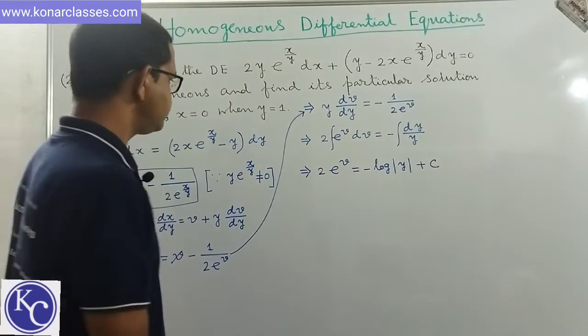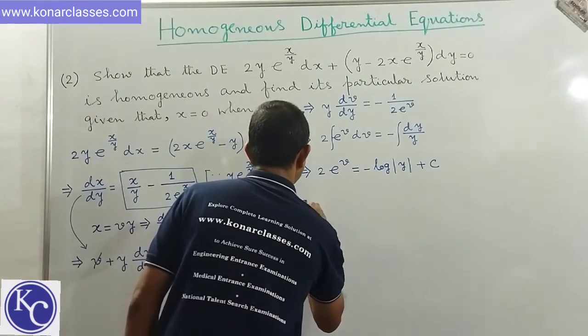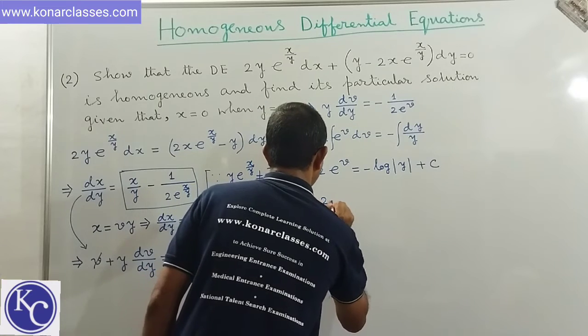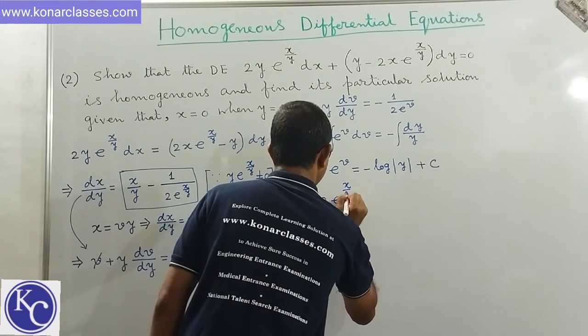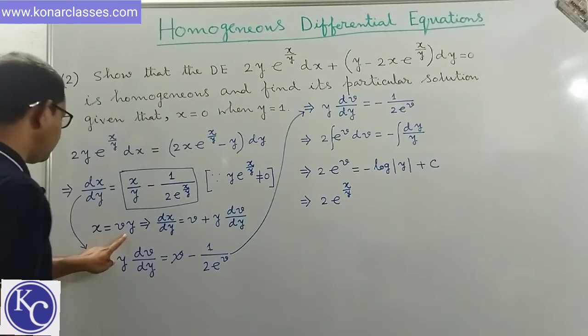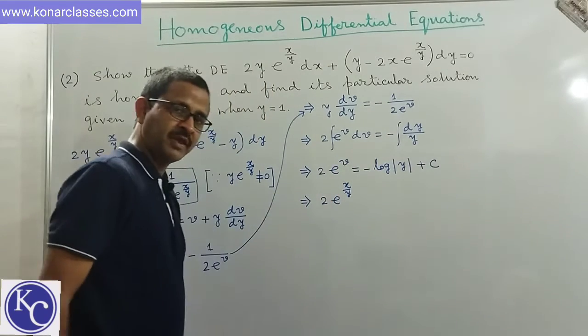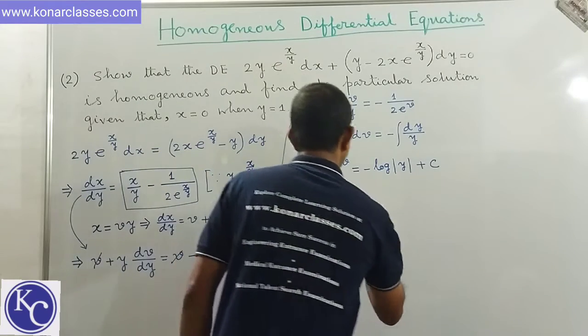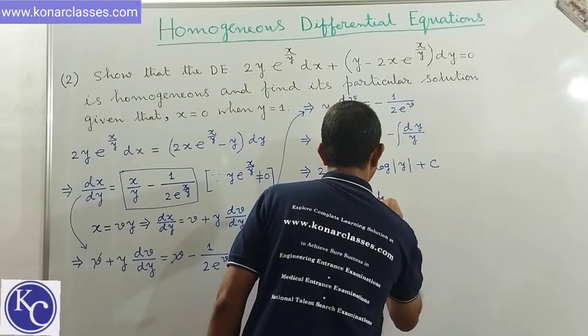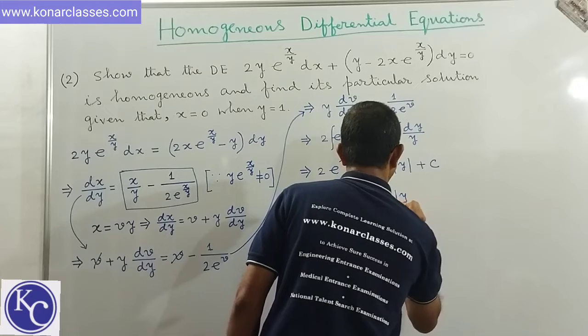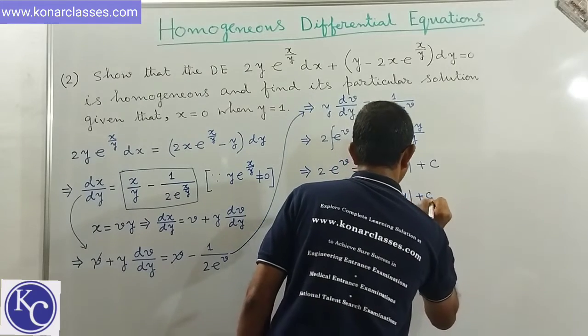So from here we get 2 into e^(x/y), because x equals vy, so v is equal to x by y, and that value we apply back. So this is equal to minus log mod y plus c.